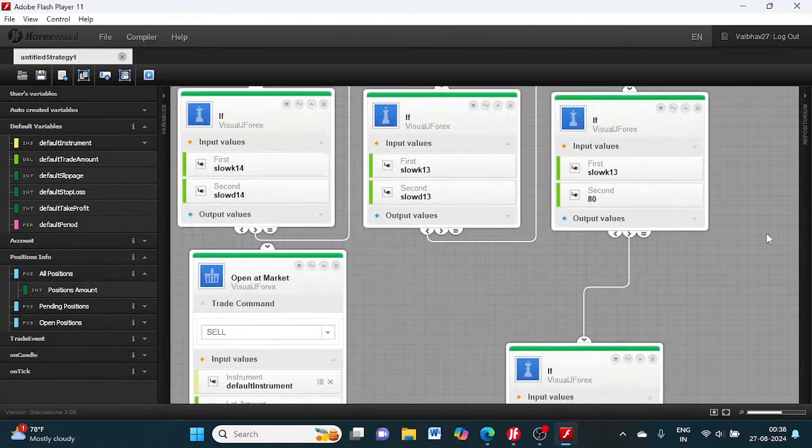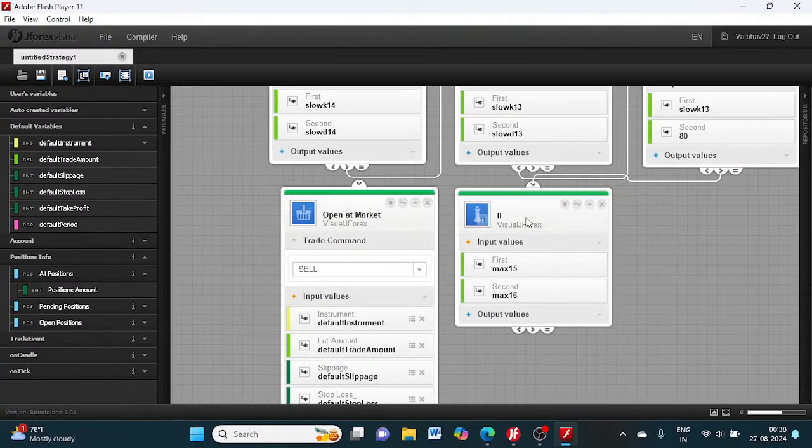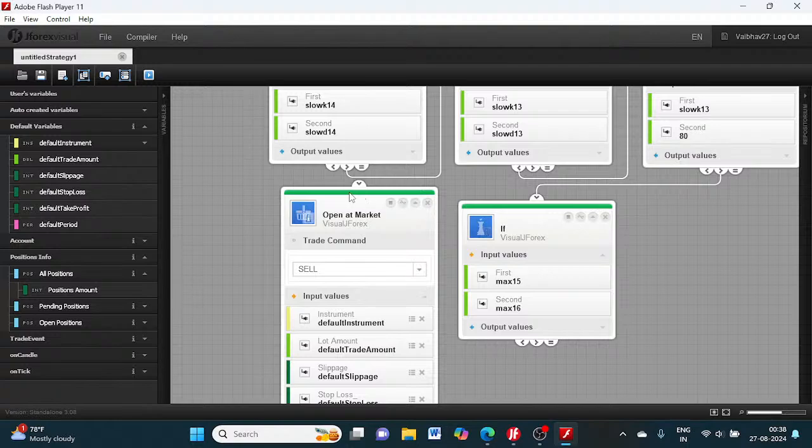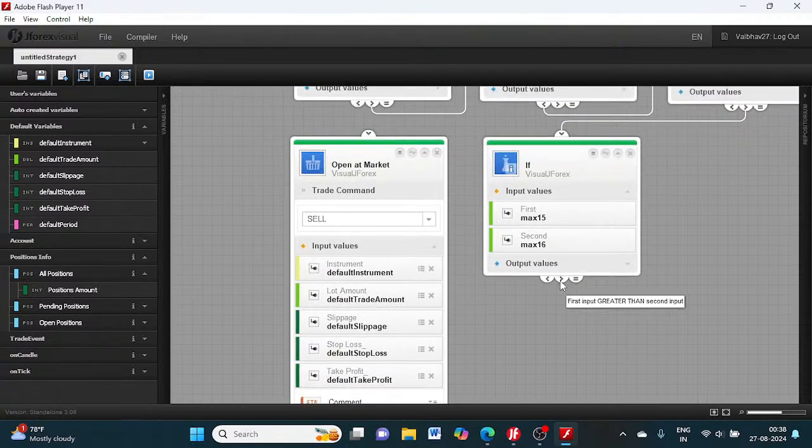Okay, here is the condition. Now we're going to connect this to the trade execution command block. Max needs to be less, and sell trade.